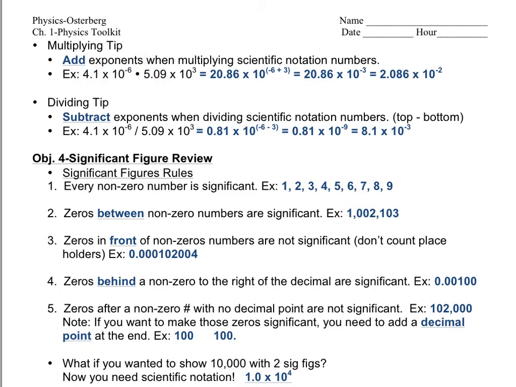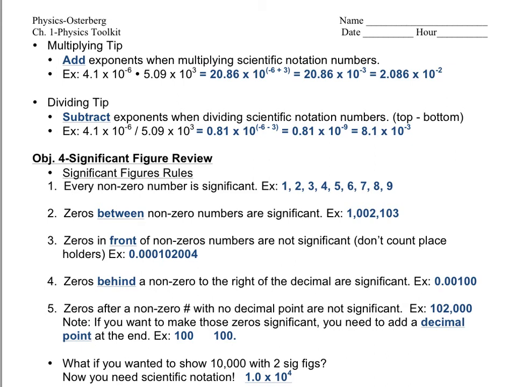So 4.1 times 5.09 gives you 20.86. Then you have these are also being multiplied. Well, if you're looking at this, then you add your exponents. So you got -6 plus 3. Well, -6 plus 3 gives you -3. So then we have this number, 20.86 times 10 to the -3, which would be correct.